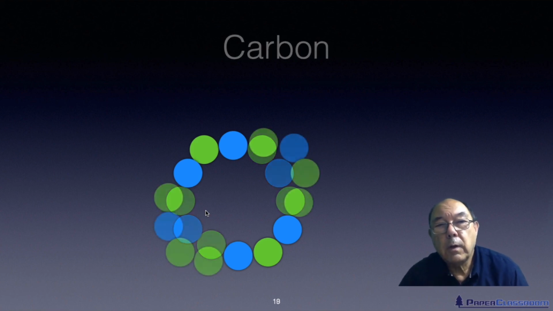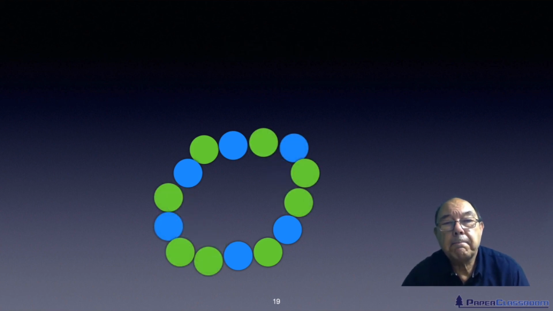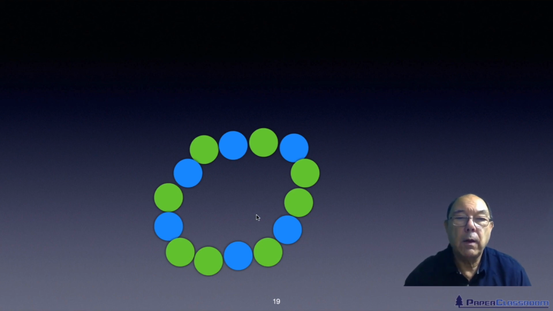But what do you think of this? First of all, can you identify what element it is? The blue circles represent protons, the green circles represent neutrons. So, first of all, you work out its atomic number. Its atomic number is the number of protons. 1, 2, 3, 4, 5, 6.